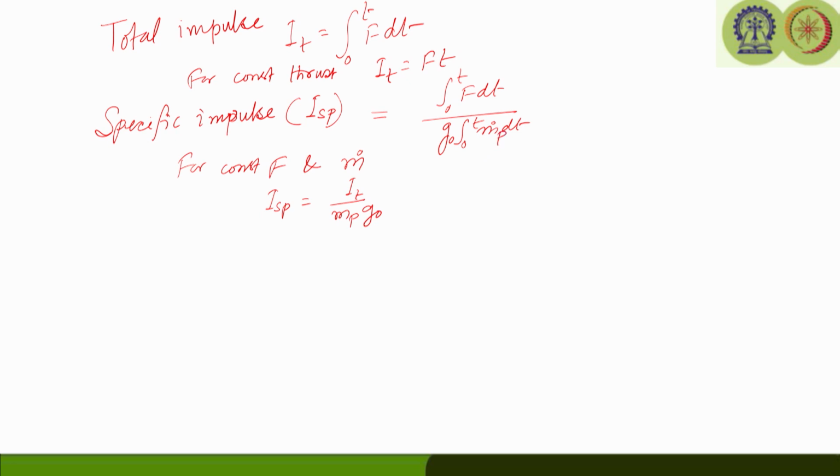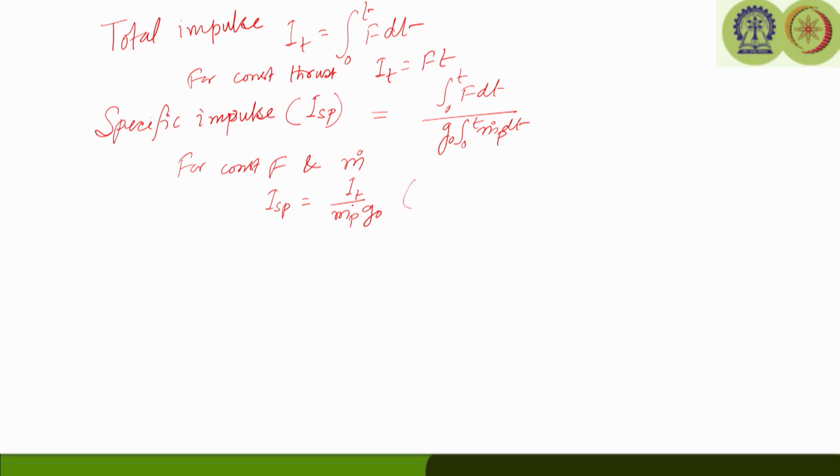Now, in the case of a higher altitude or outside the gravitational field, what is the meaning of this G0? Here we are considering G0 as the gravitational constant, the acceleration due to gravity. So, what about when we are outside of the gravitational field? In SI system, ISP is expressed in seconds.